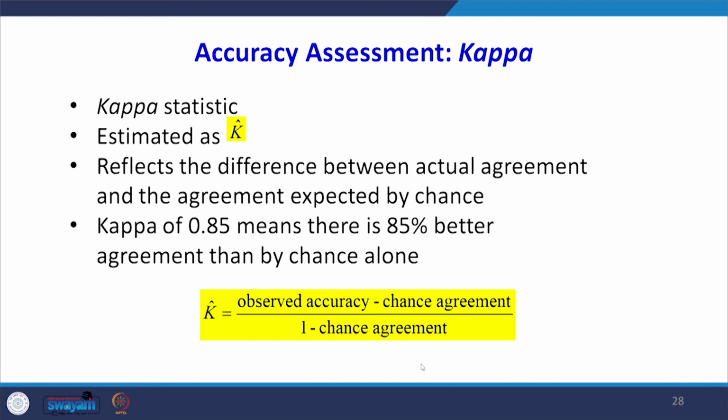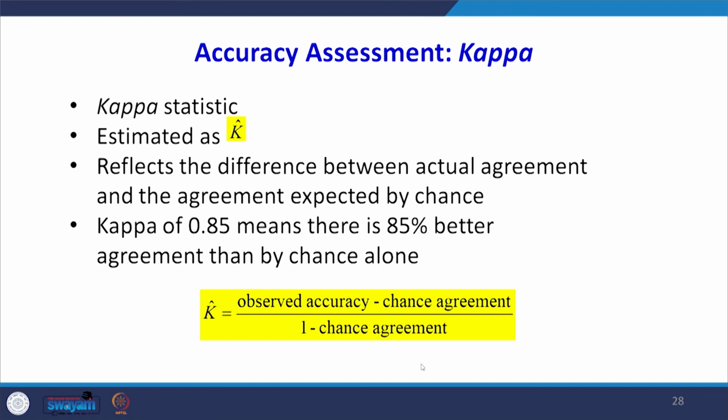Now, the second method of accuracy assessment is the Kappa based method. Kappa is a statistic denoted by the letter K, and it reflects the difference between the actual agreement and the agreement that is expected by chance. If we get a Kappa of 0.85, it means there is 85% better agreement than by chance alone.